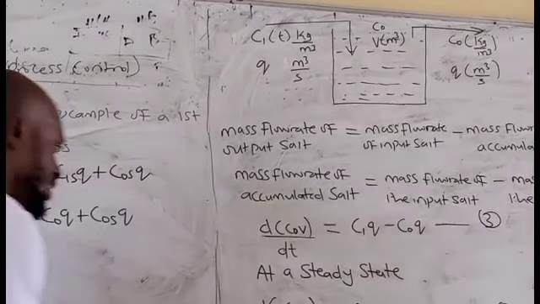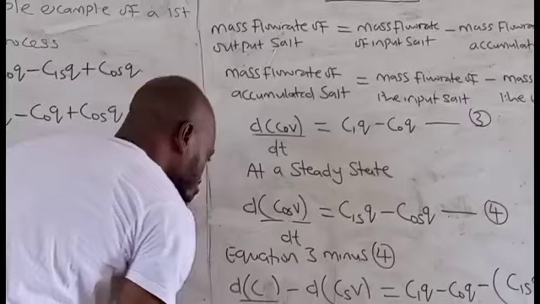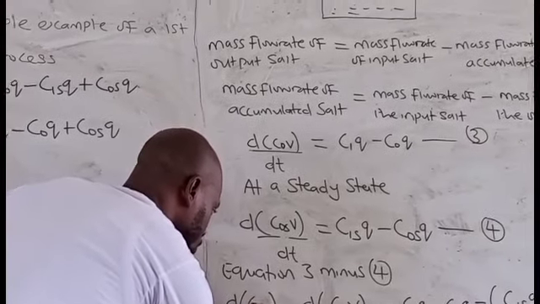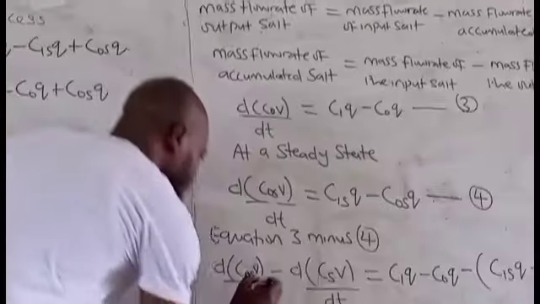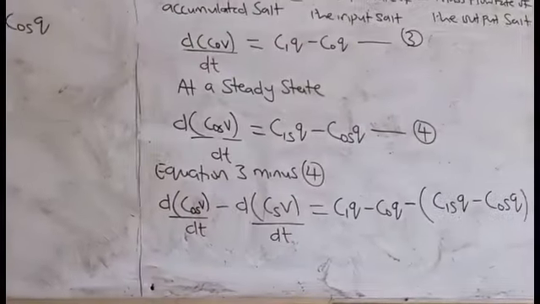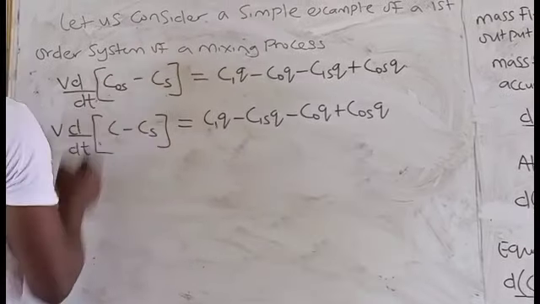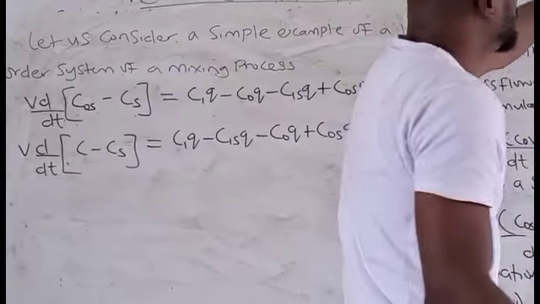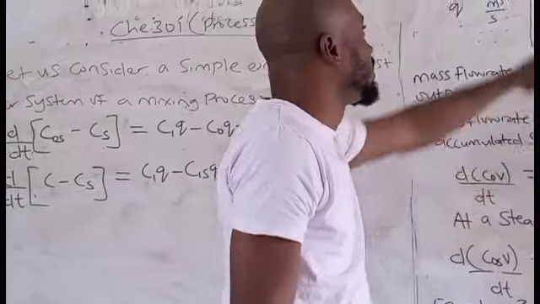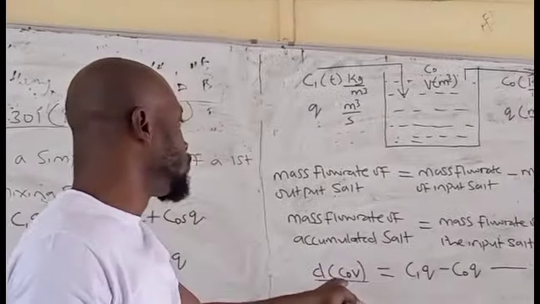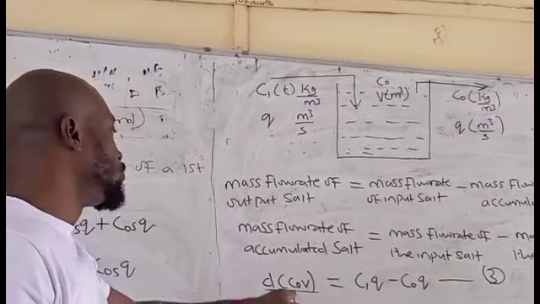This is what I'm going to get. So it will now be here c0s V. Then here I need to effect the correction. I have c0x. This is what I'm going to get because the density of the accumulated salt inside the tank is c0. So instead of using c, I will use c0.